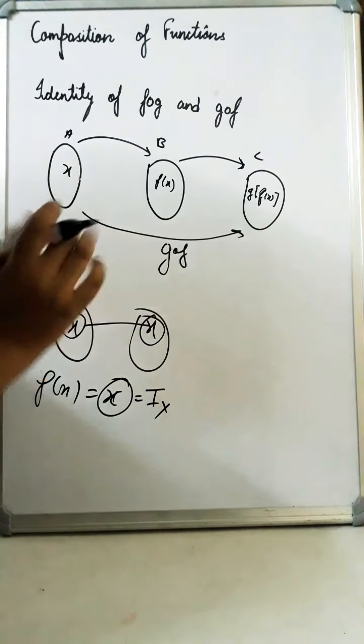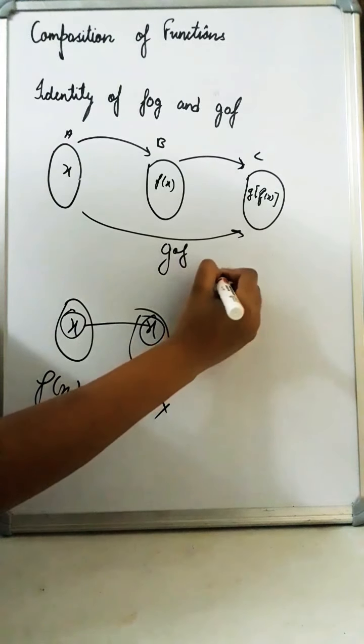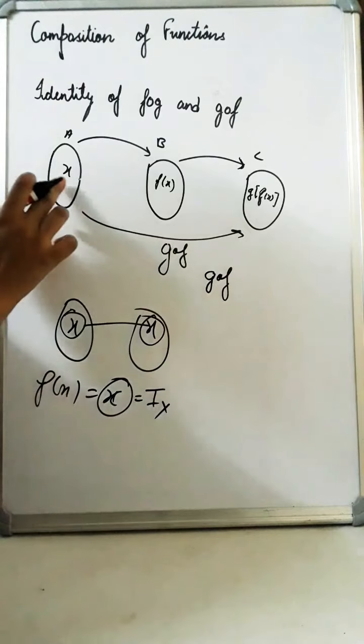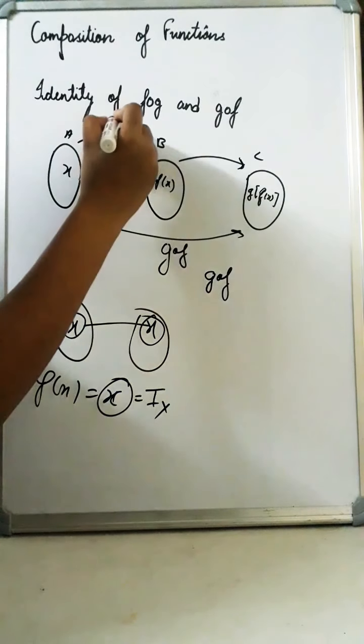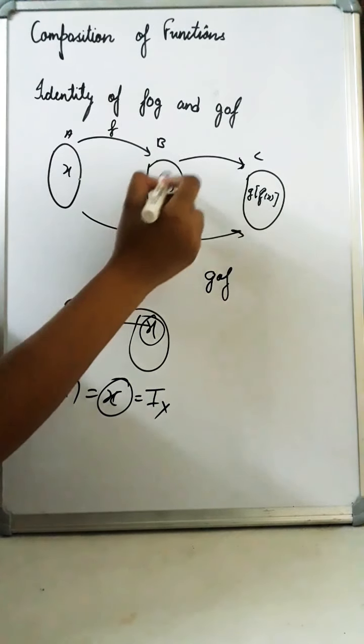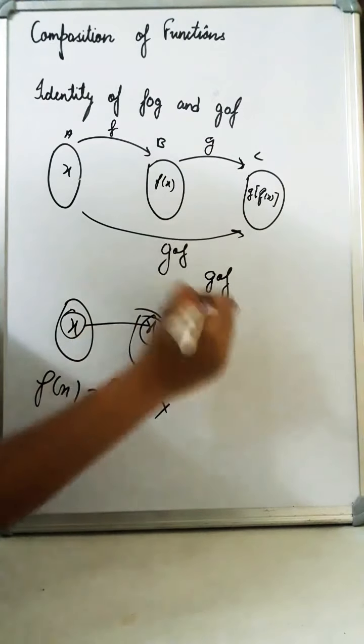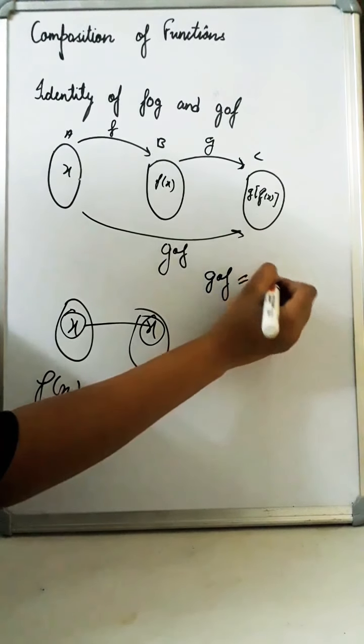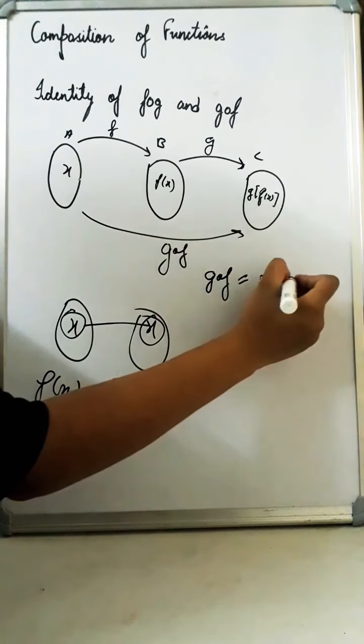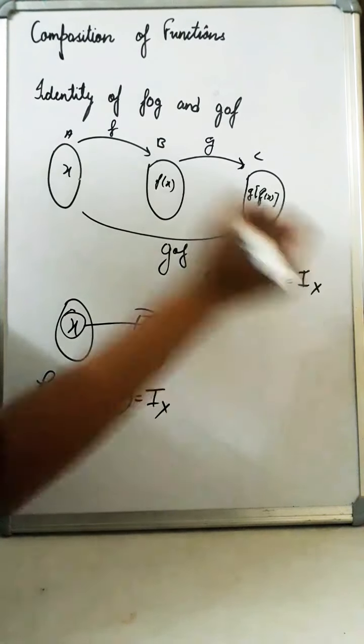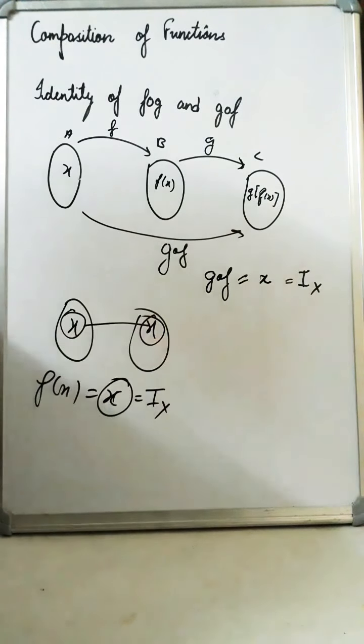Similarly here also, for g of f, you start from x only, then x is treated with the function f, then f of x is treated with the function g, and if again you are able to get x, then this x will be the identity of this function, which is denoted by ix.